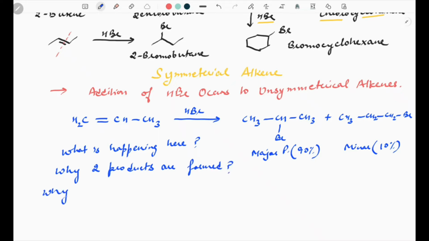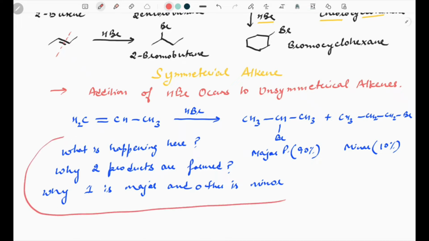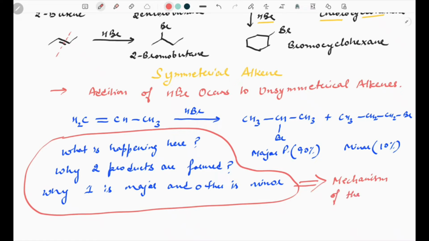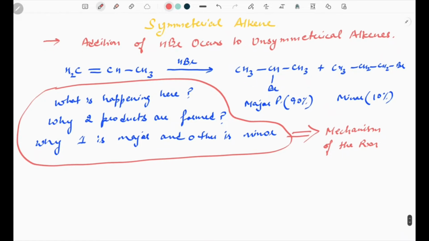And why is one major and the other minor? The answers to all these three questions lie in the mechanism of the reaction. So let's have a look at the mechanism.